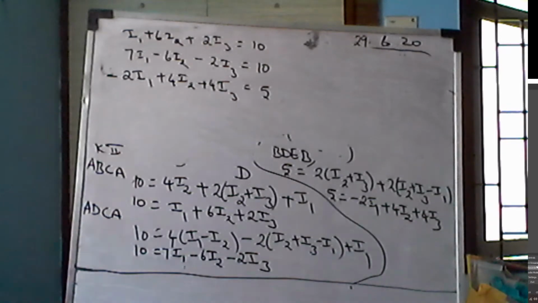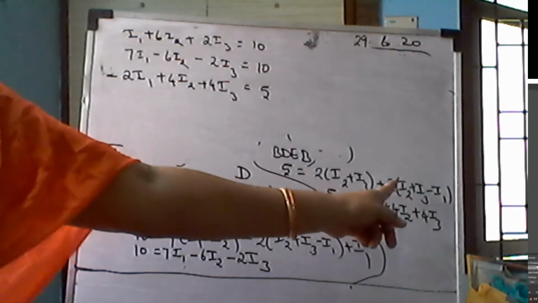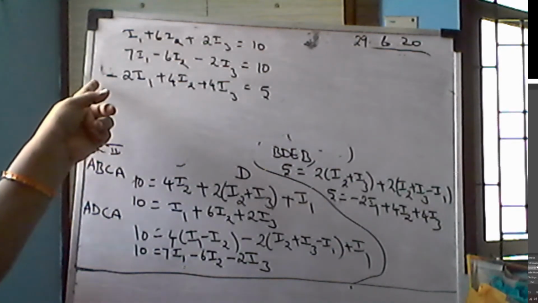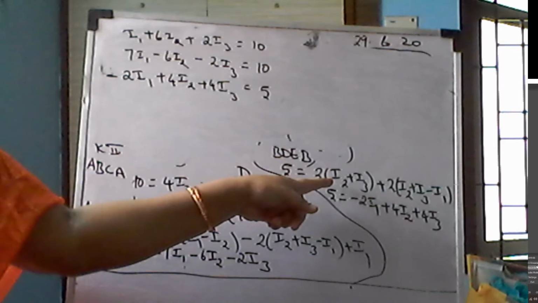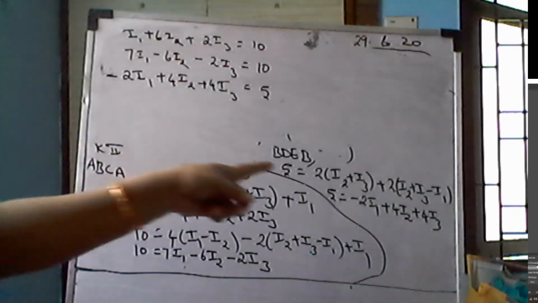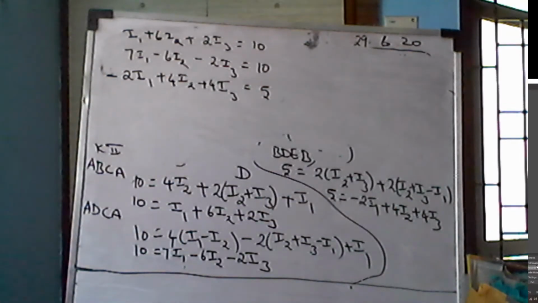That is equal to 10. And then here 2I2 minus I1, so minus 2I1, and then I2: 2I2 plus 2I2, so plus 4I2, then I3: 2I3 plus 2I3, so 4I3. You are getting the equations like this.